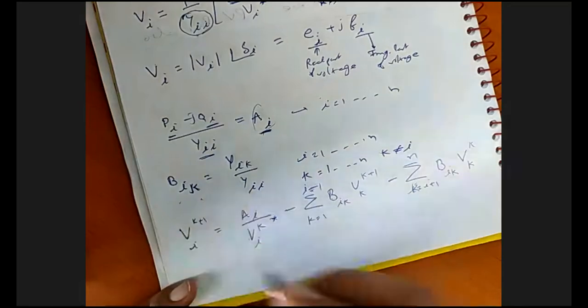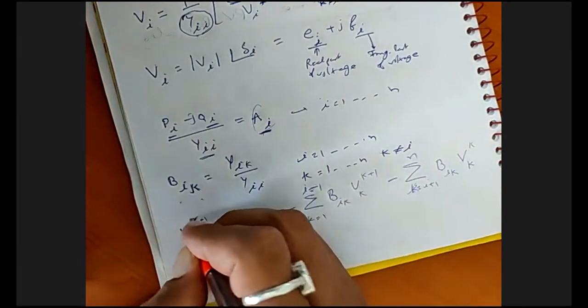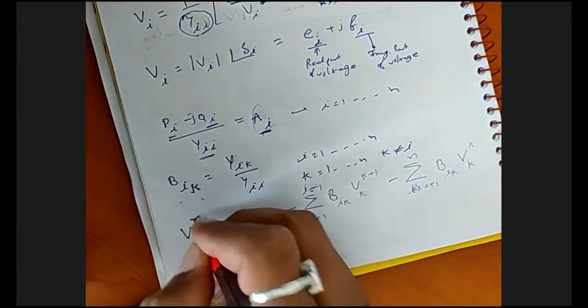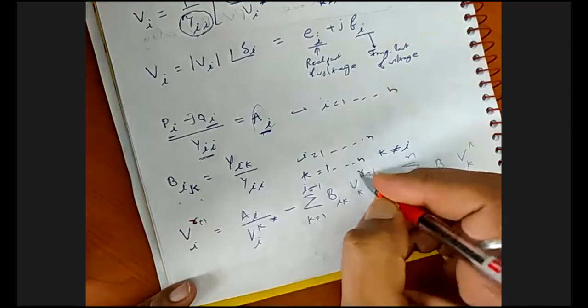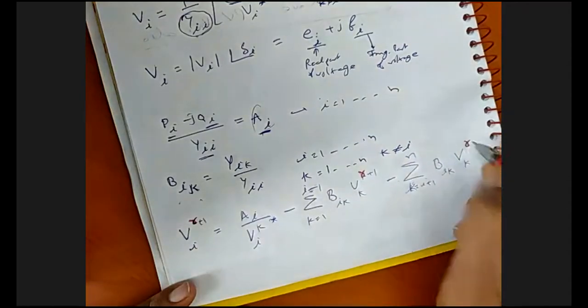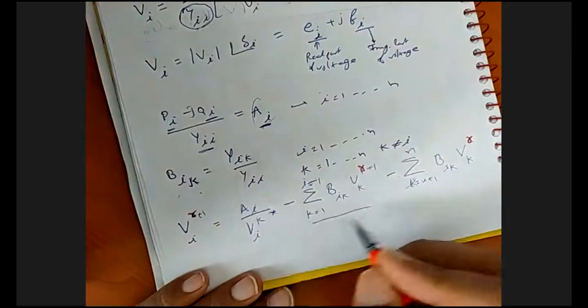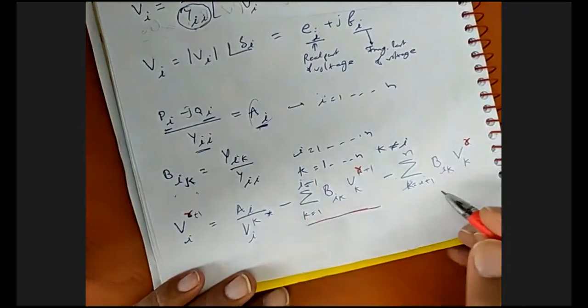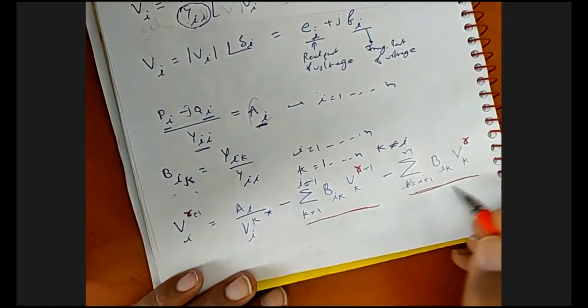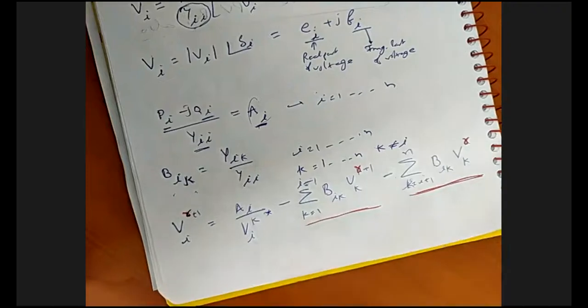Since k has been used, you can use r plus 1 and r for the iterations. If you remember, these are the terms for which we have done the calculation, and these are the terms for which we have not done the calculation.